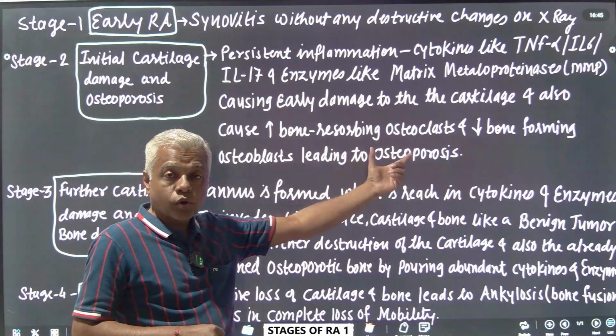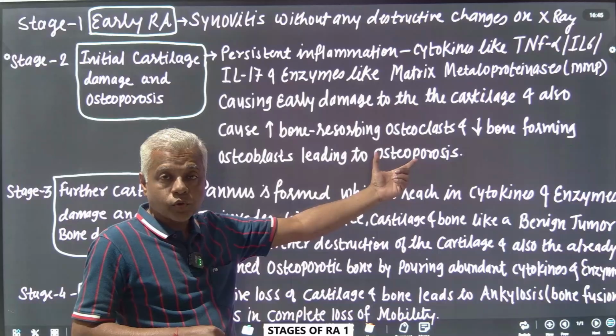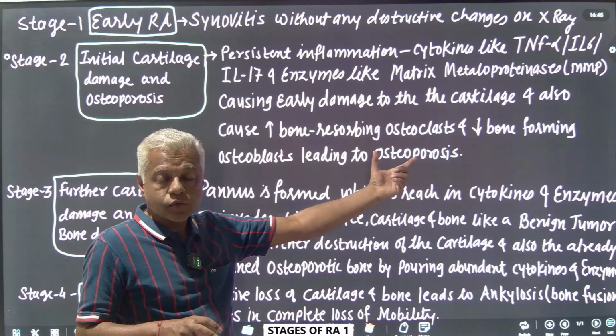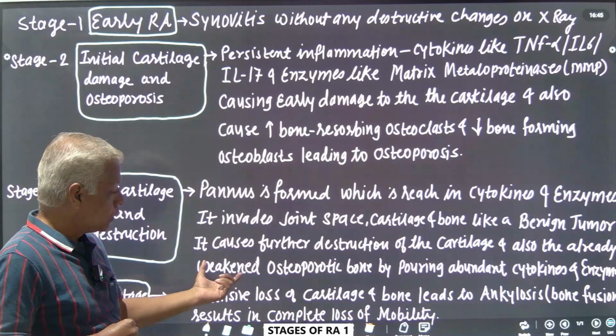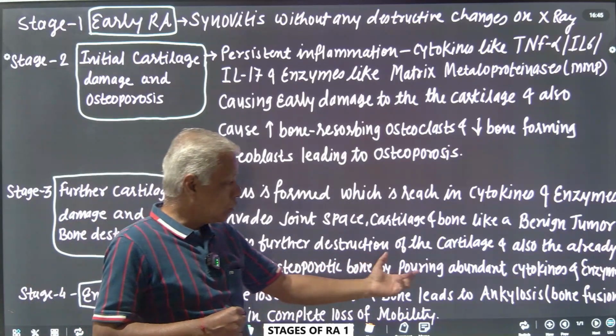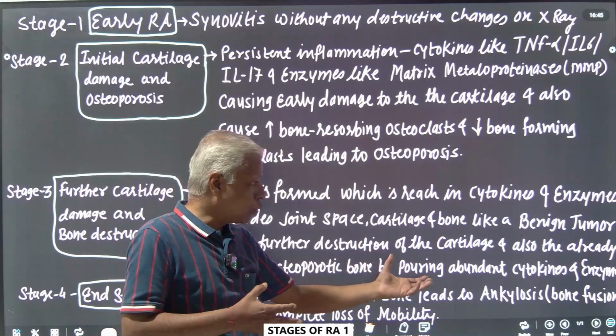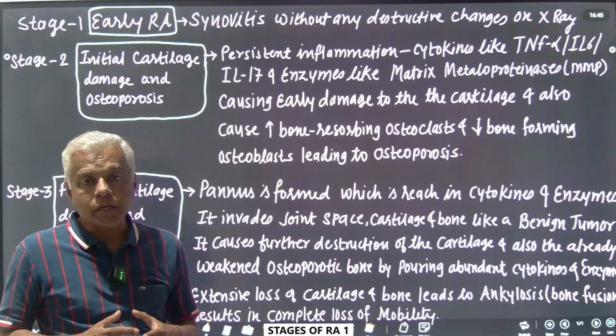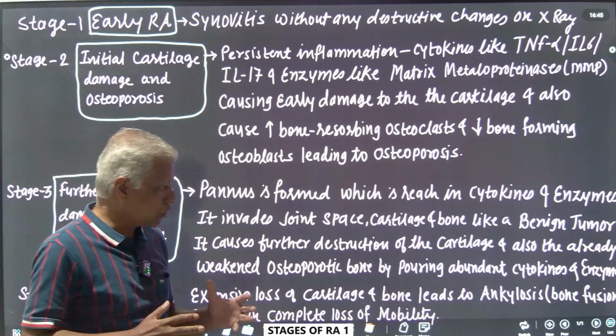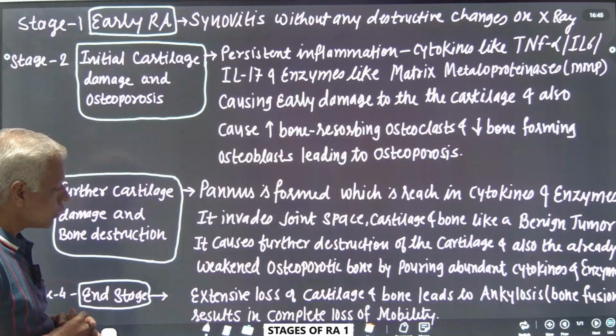So these bones are osteoporotic, and because of the osteoporosis, these ends of the bones are already weakened, and these weakened osteoporotic bones, because of this abundant amount of cytokines and enzymes, get destroyed here. There is a destruction of this bone here.